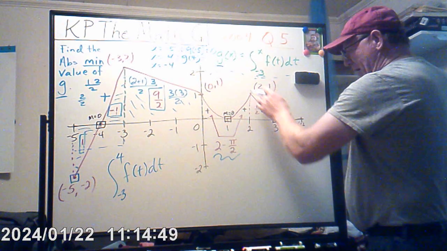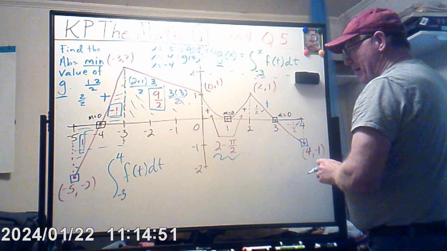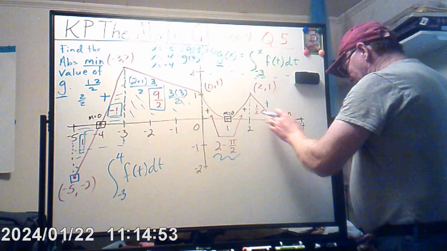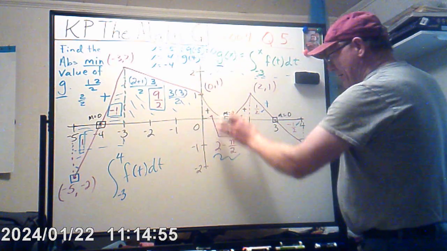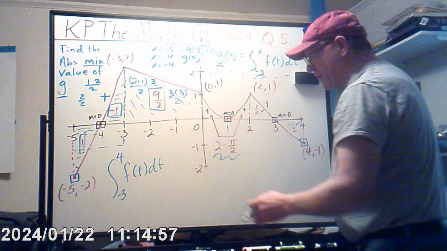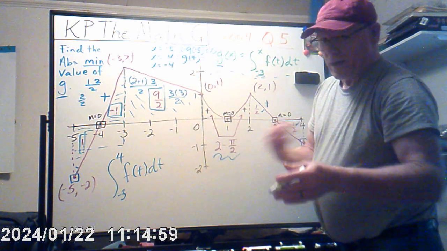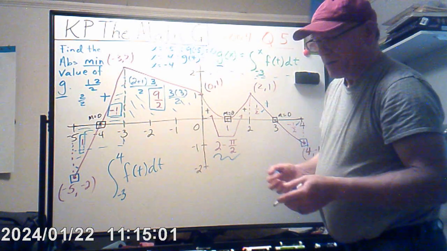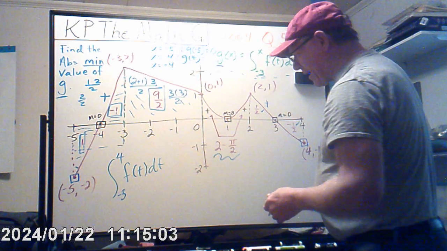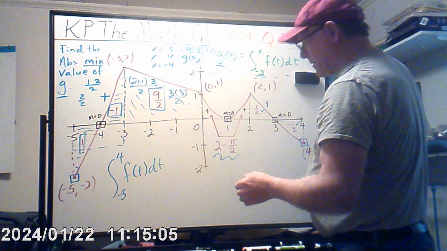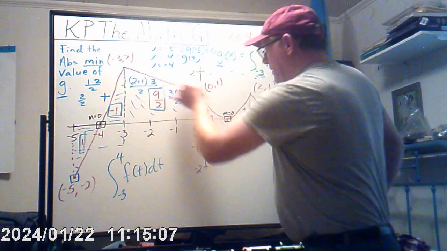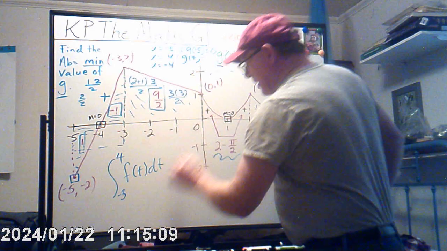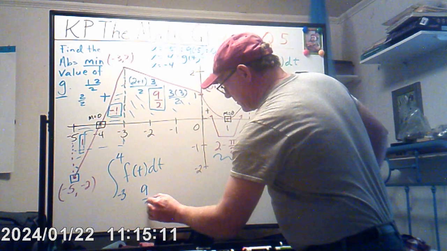This is easy to find anyway. If I have time, I might go ahead and find this, but right now my video camera might run out of time on me, so I'm trying to keep that in mind. So this right here from -3 to 0 is 9/2.